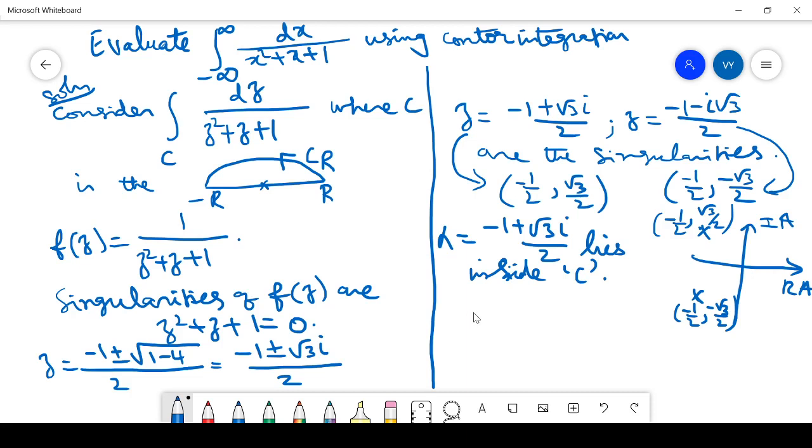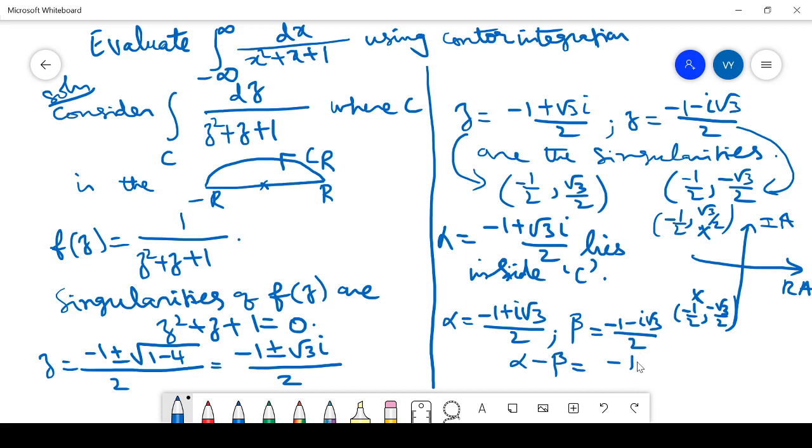So what I have to do is calculate the residue at z is equal to alpha. Before that, I will take alpha as minus 1 plus i root 3 by 2 and beta as minus 1 minus i root 3 by 2, and I calculate alpha minus beta.